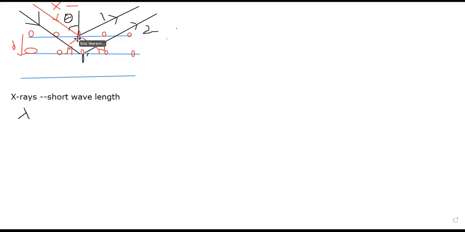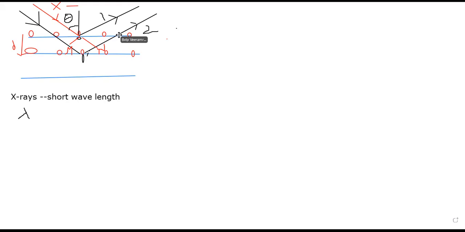So before this line they have equal path, and beyond ON, the scattered X-rays again travel an equal distance, they have equal path.